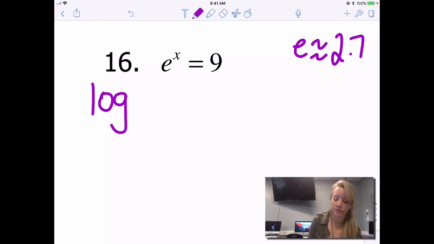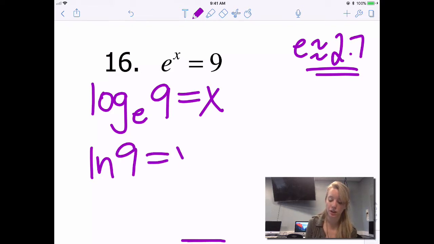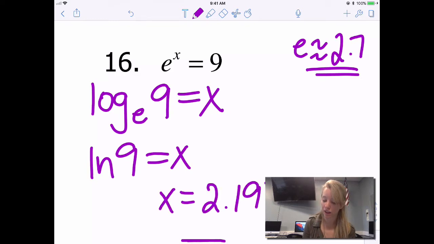Log base e of 9 equals x, because e is just a number, that's okay. Really, I could do log 9 over log e, but remember that our calculator knows it. It's natural log, ln. So ln 9 equals x. And x equals 2.197.